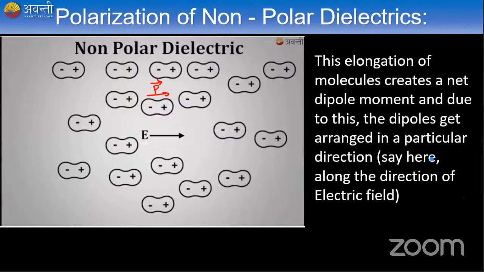Say if this atom had a dipole moment of p, and this atom had a dipole moment of p, and I consider the net dipole moment as capital P, then its direction is from negative to positive, along the direction of the electric field. So this is how the polarization of non-polar dielectrics occurs. Yes, correct, Karthik. Super. So guys, I hope you have understood how the polarization of non-polar dielectrics happens. Please let me know if you have any doubts in this.